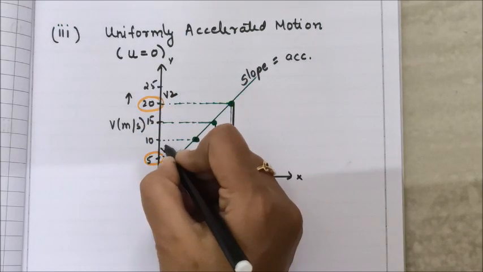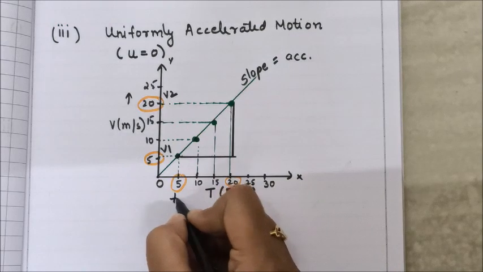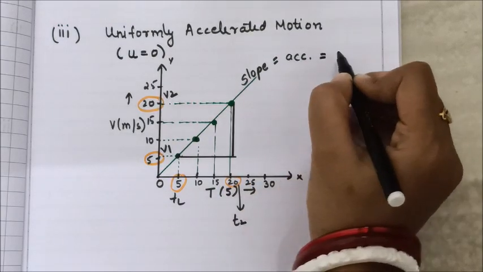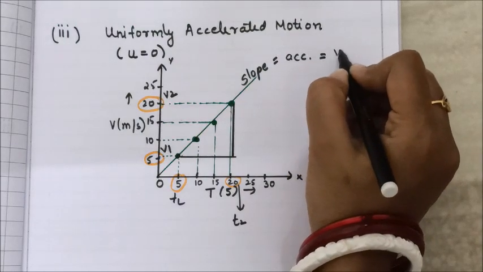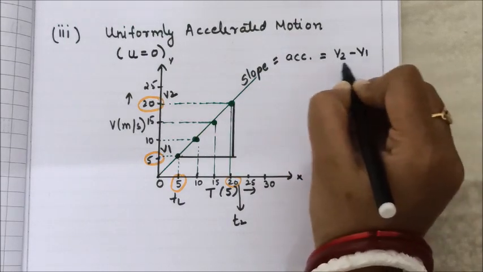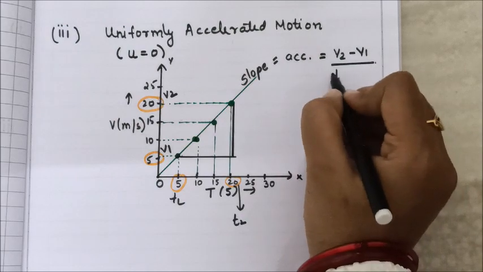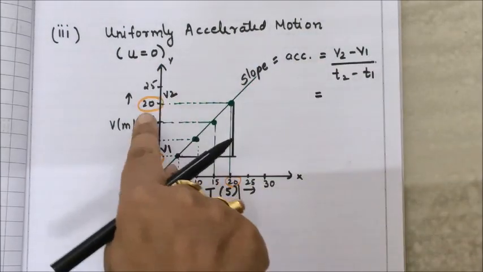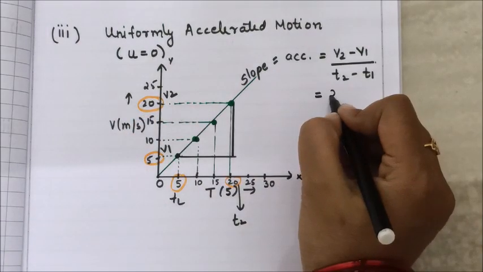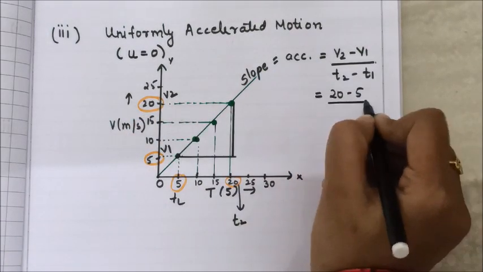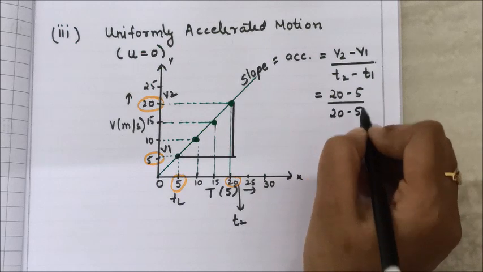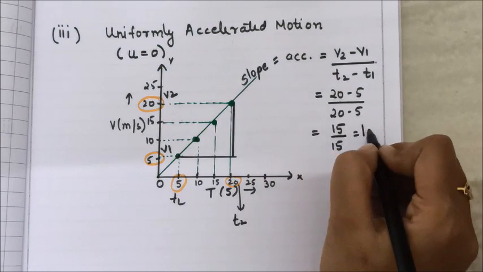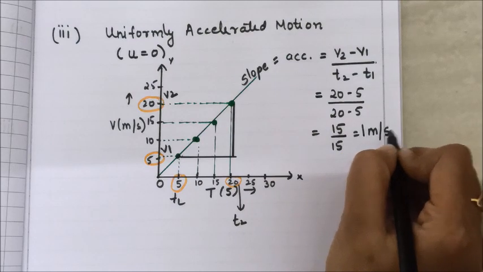This is V2, this is V1, this is T1 and this is T2. So the formula as we know is V2 minus V1, the change in velocity, by the change in time. Putting in the values, we get 20 minus 5 upon 20 minus 5, which gives me 15 by 15, thus 1 meter per second square.